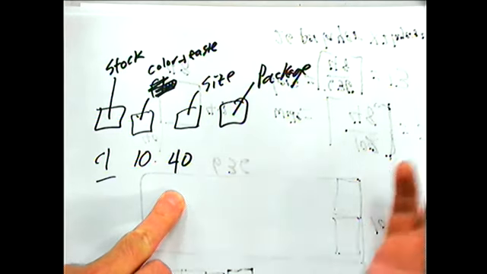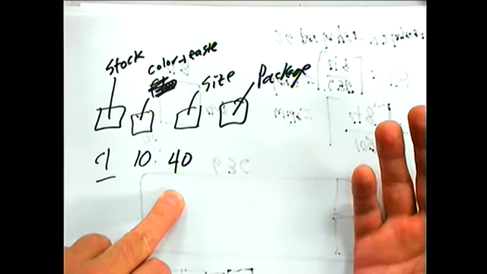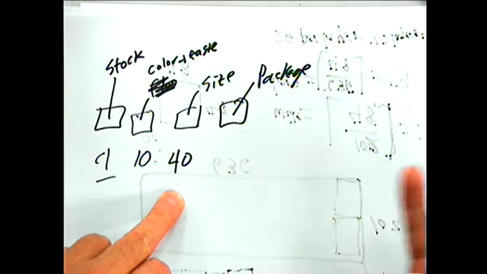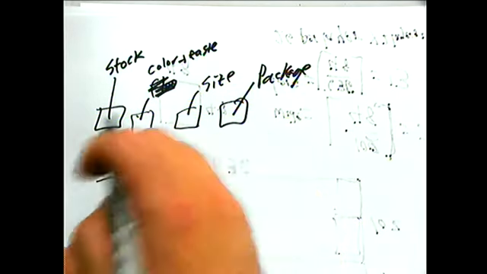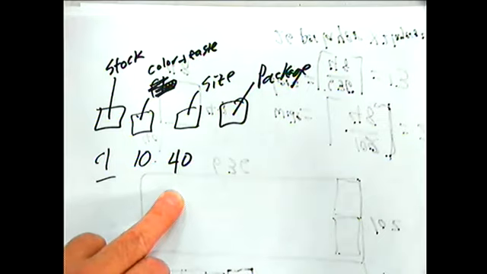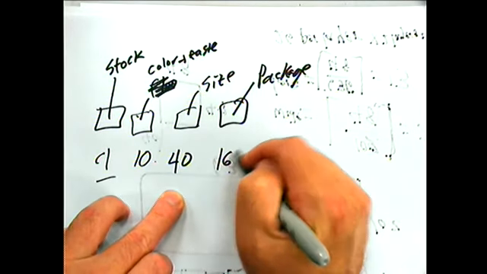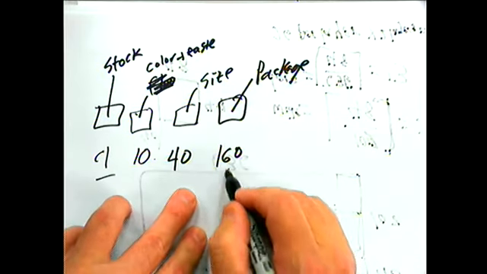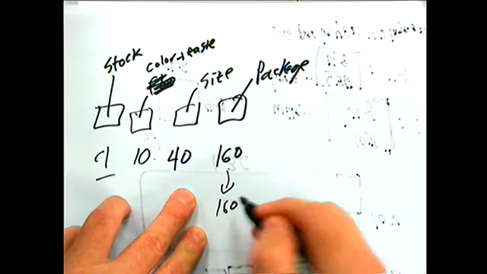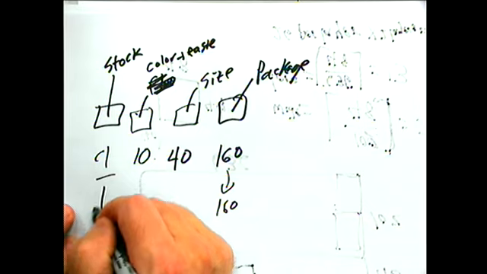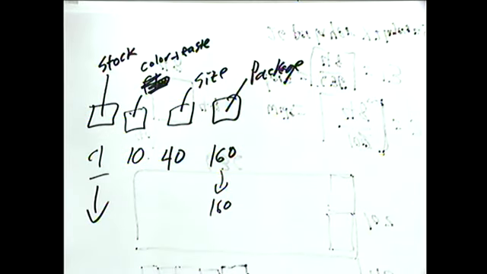Maybe you put a Spider-Man logo on it. Maybe you put 3 together and sell them at Walmart. Maybe 2 together at this store. So you may have 4 packaging options. So if I store inventory here, I have to store inventory for 160 products. Whereas if I store it as work in process, I only have to store it for 1.